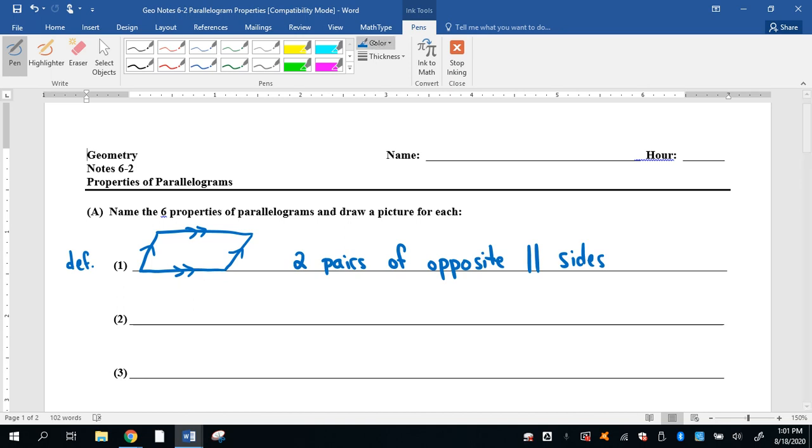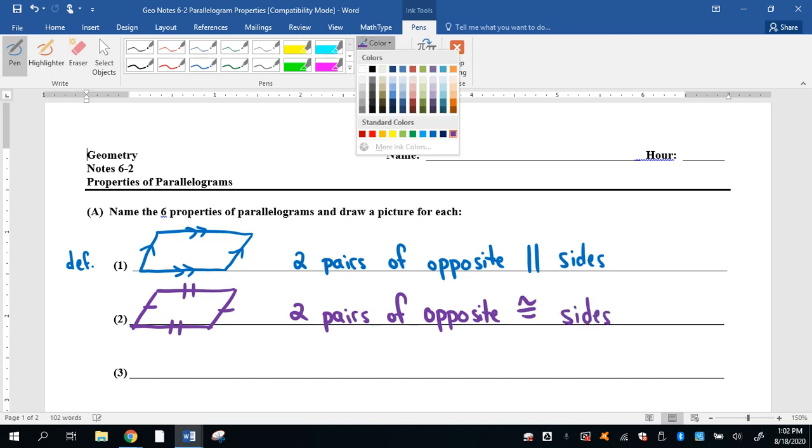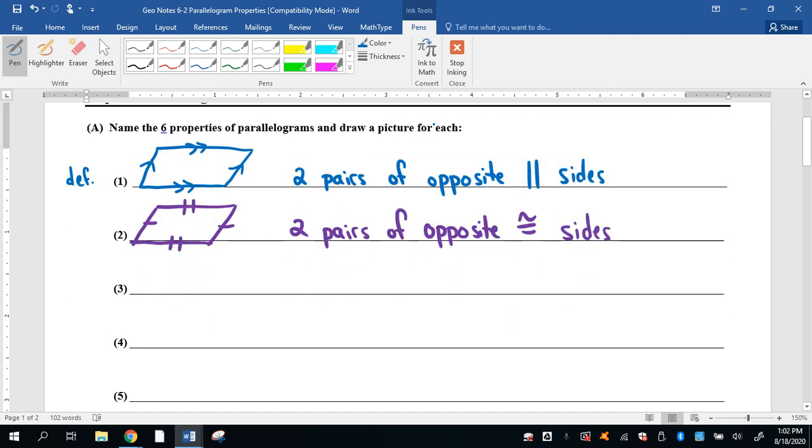Okay, next property, if you have a parallelogram, then something else that is true is that you have two pairs of opposite congruent sides. If you have a parallelogram, then you also have two pairs of congruent opposite angles.